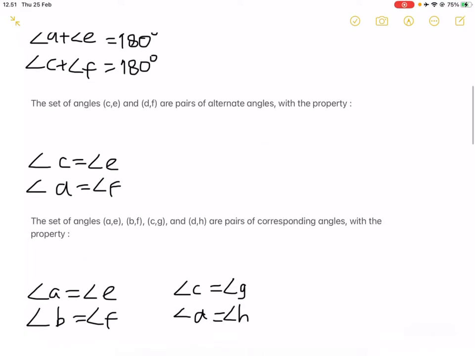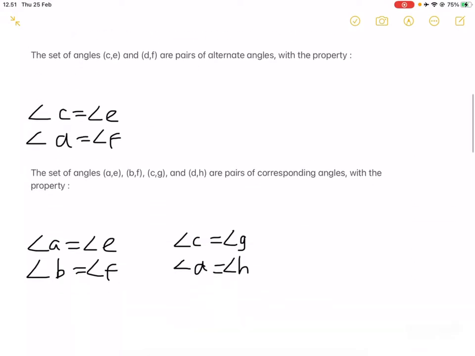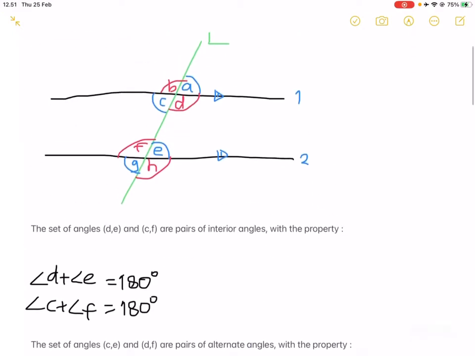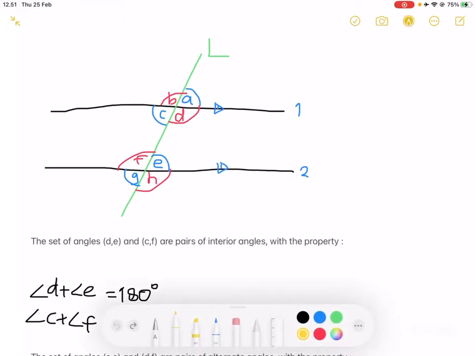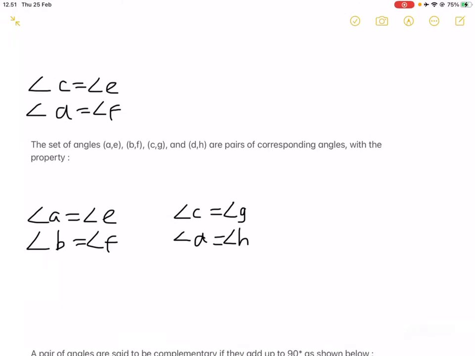And finally, the last special angles that you need to be familiar with for two parallel lines and a transversal are corresponding angles. In this case, there are many corresponding angles. First one is AE, the next one is BF, then CG, and then DH. I should have mentioned the property that if you have a set of corresponding angles, the first angle must be equal to the second angle.